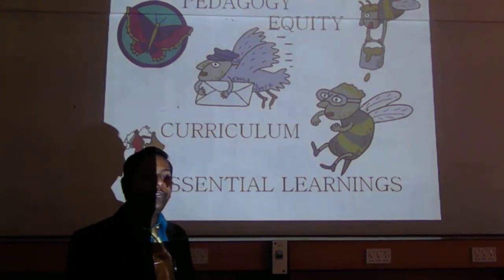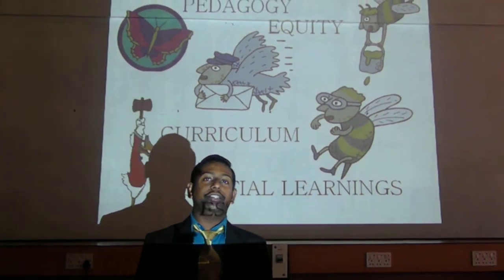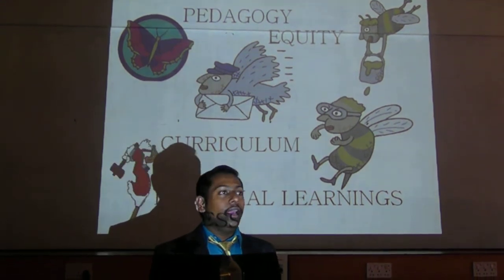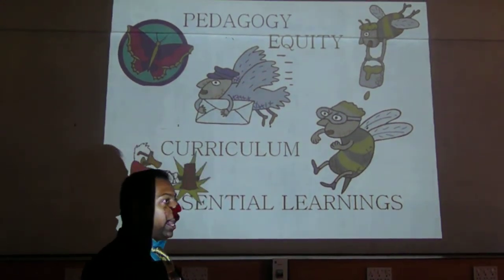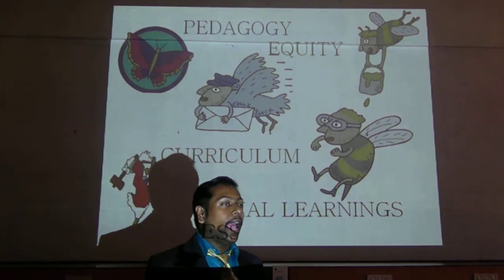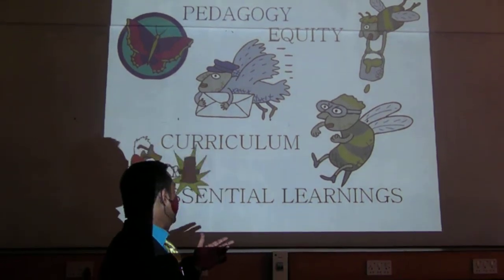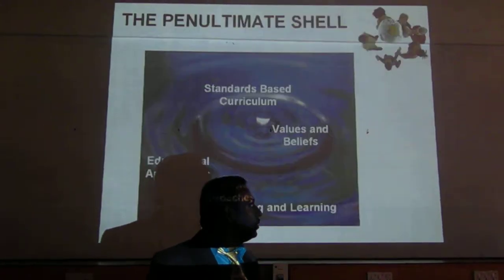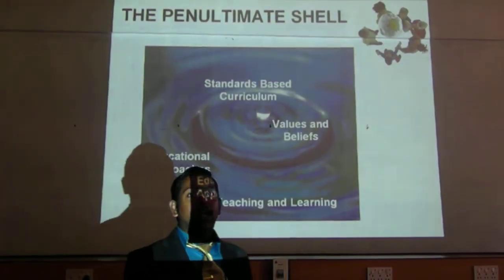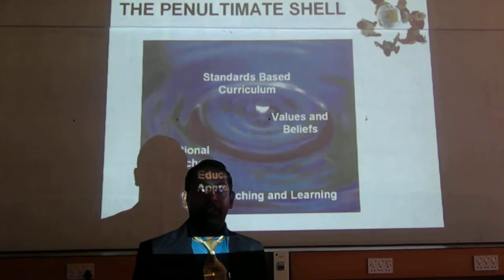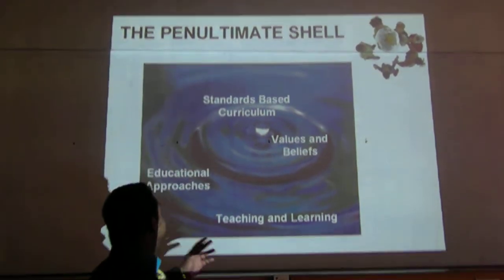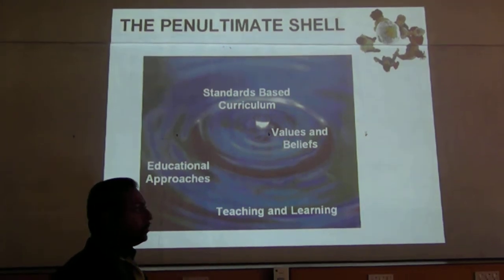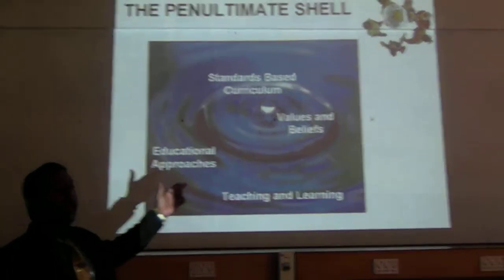So the very first and foremost thing in education is the teaching pedagogy. It basically consists of a perfect curriculum, and then it deals with the essential teaching learning ethics. Here we will go through the penultimate shell of education. The first is the standard based curriculum at the center, then the values and beliefs.